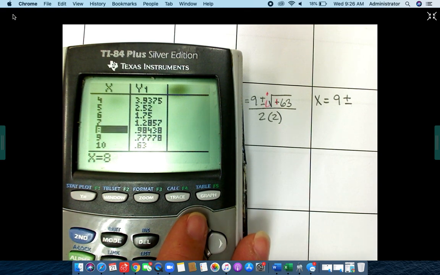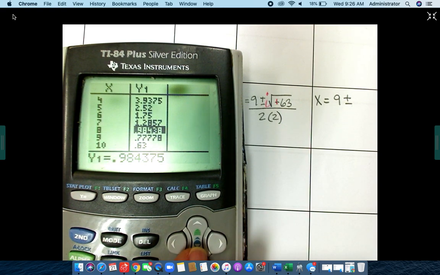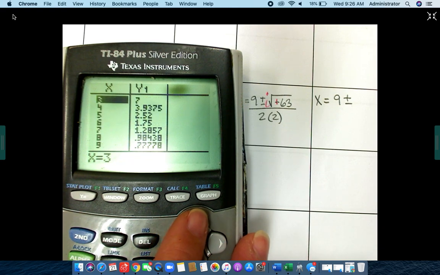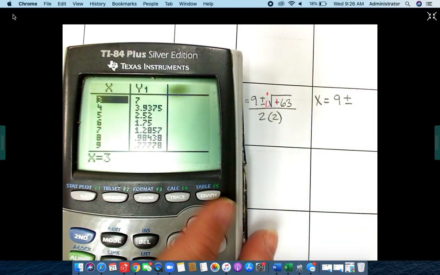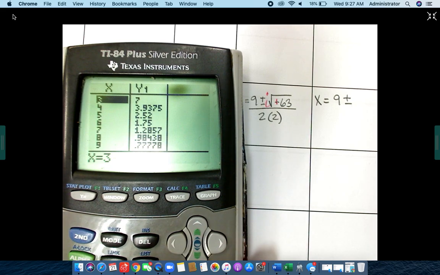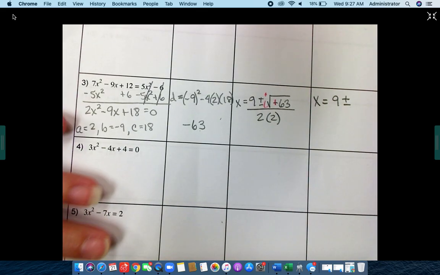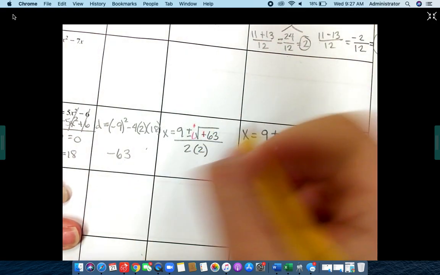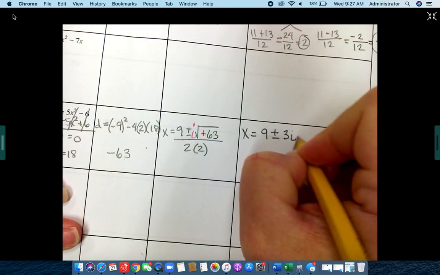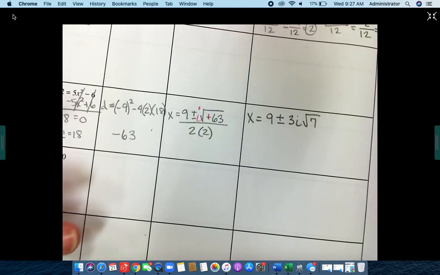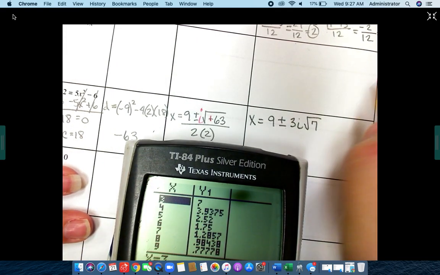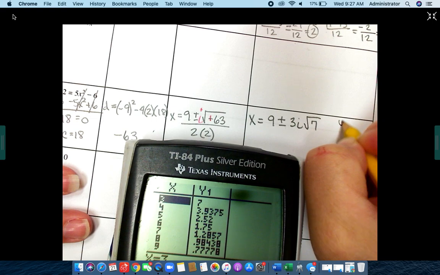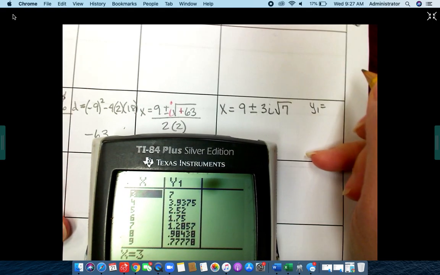Once we get below 1, these y values that are point whatever below 1, we can't find any integer ordered pairs after that. So 3, 7 is the last, and they're always going to be whole numbers. They're always going to be positive. So that means that this square root of 63 is going to simplify to 3i square root 7. So let me just help you remember that. I'm going to write this down so you will remember to do that for your other problems.